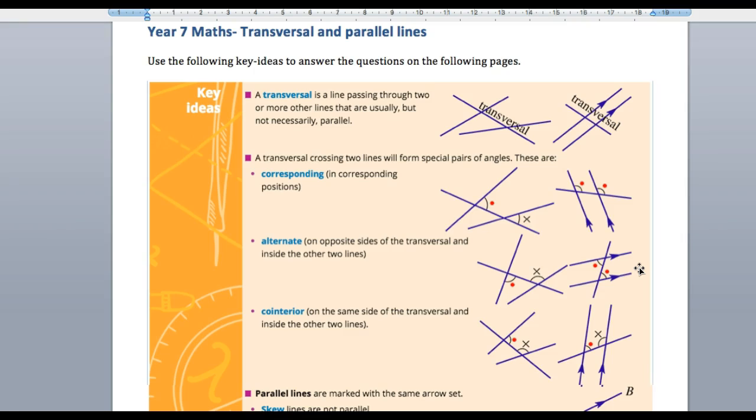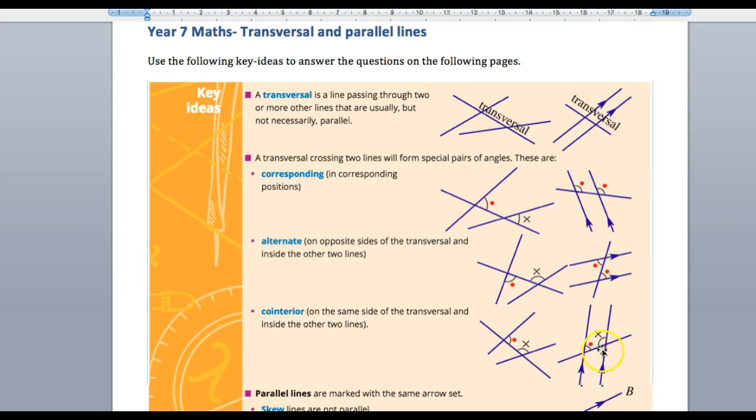Now the third one, co-interior, I think are the easiest ones to recognize because they're right next to each other. If you can think about, maybe this being a room, these are on the same wall. Okay, so co-interior on the same wall, and co-interior angles are not the same. So whether they're not parallel or they are parallel, they are not the same.